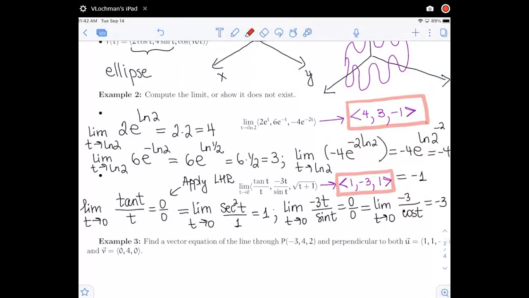If one of these limits does not exist, just one component doesn't have a limit, that means the function does not have a limit. There's some sort of asymptotic behavior. All right, so that's computing limits. Take a look at these solutions. Let me know if there is anything you would like to discuss.